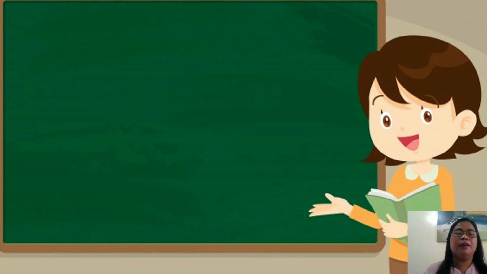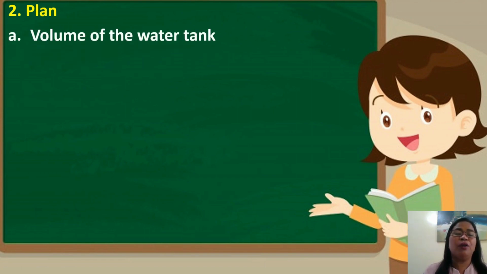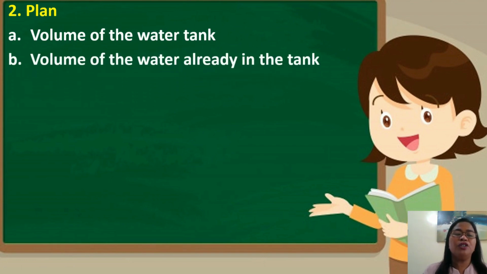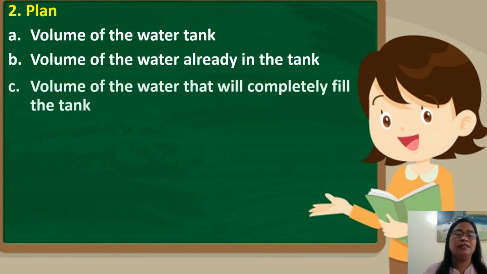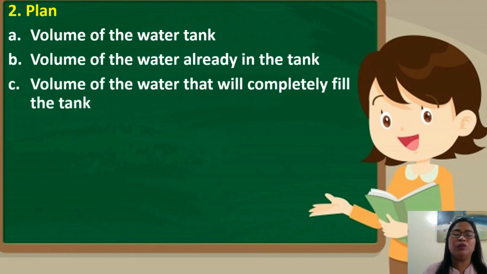Next step, plan. We will determine the formula and the strategy to be used to solve the problem. We have to get first the volume of the water tank. Next, the volume of the water already in the tank. Then, the volume of the water that will completely fill the tank.